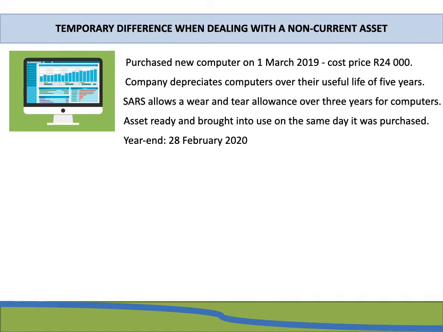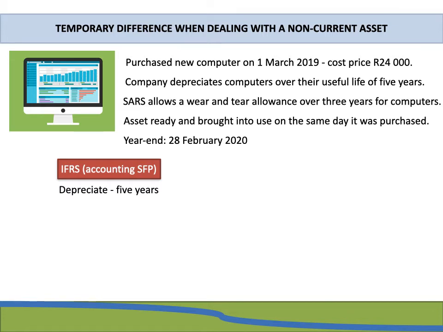So if we start off by calculating our carrying amount, this would be according to IFRS. So this would be a figure that you could obtain from your statement of financial position because the carrying amount is usually reflected on there. And for accounting purposes, this computer is going to be depreciated over 5 years.